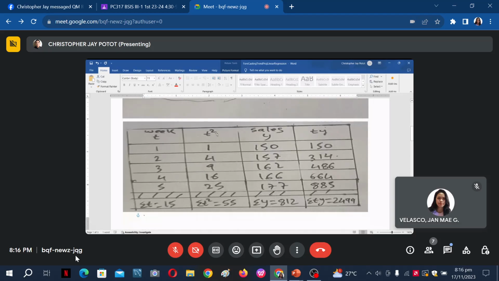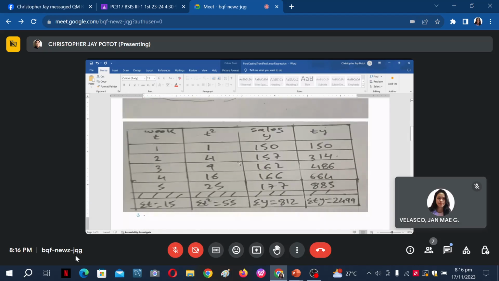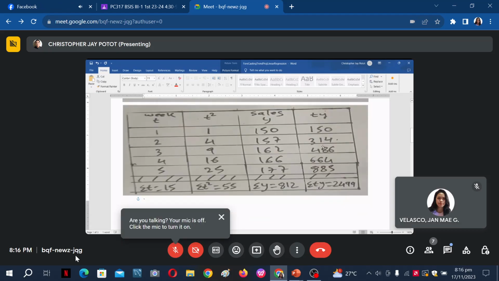Then we must do another table to compute the missing values needed for the formula. This one is for t squared: 1 squared is 1, 2 squared is 4, 3 squared is 9, 4 squared is 16, and so on. For ty, 1 times 150 is 150, 2 times 157 is 314, and so on.